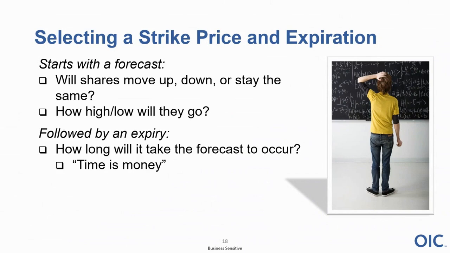Look at it from a seller's perspective. I don't know where the stock is going to be a year from now. I certainly don't know where the stock is going to be 2 years from now, but I probably have a better idea where it's going to be next week or even tomorrow. And what that translates to is risk.